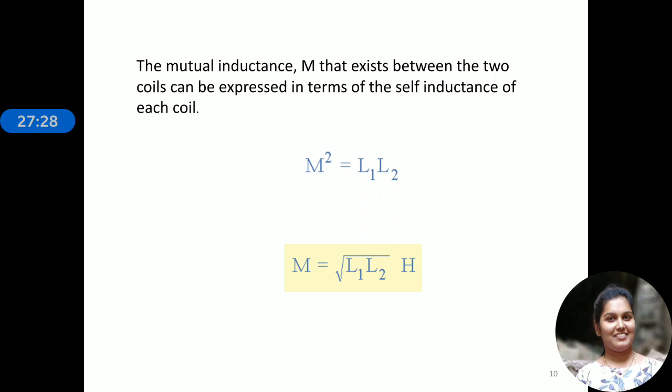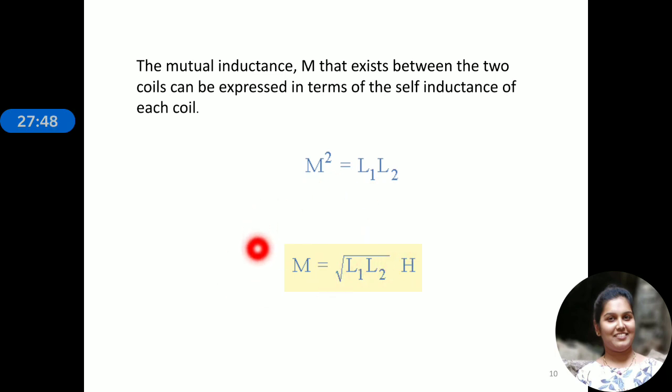Okay, so the above expression for M is written considering that there is zero flux leakage and 100% magnetic coupling between the two coils, that is L1 and L2, right?